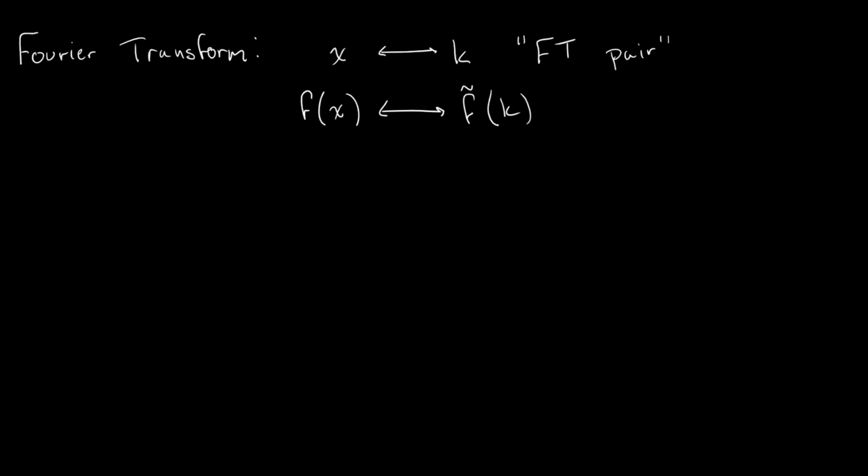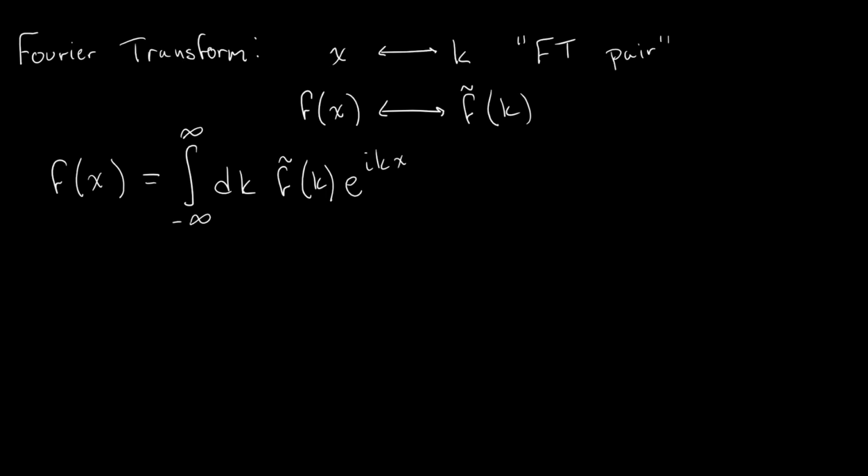I'll typically give the Fourier transformed functions a tilde, but it's just some different function that takes k as an argument rather than x. The Fourier transform itself is just this relation, done via an integral, of f tilde of k e to the ikx.